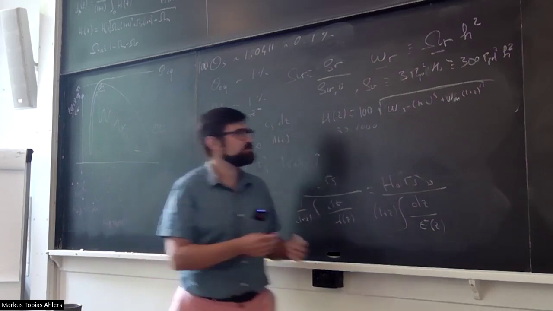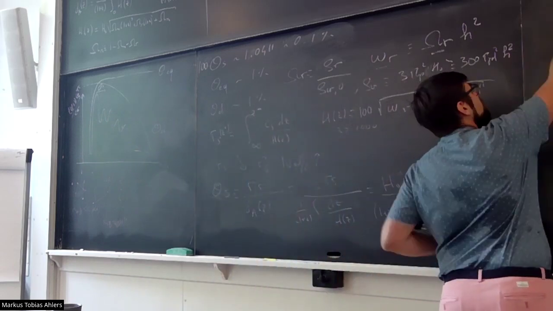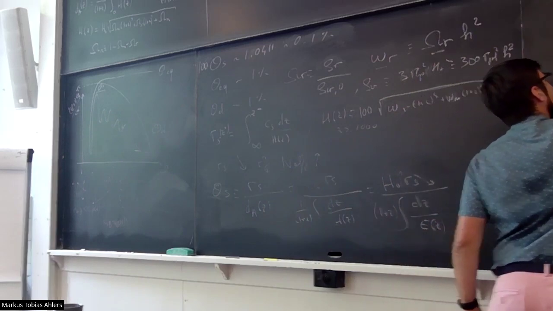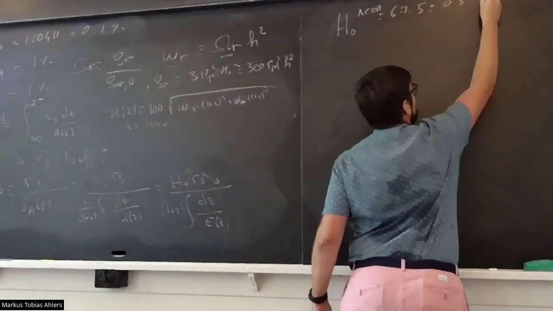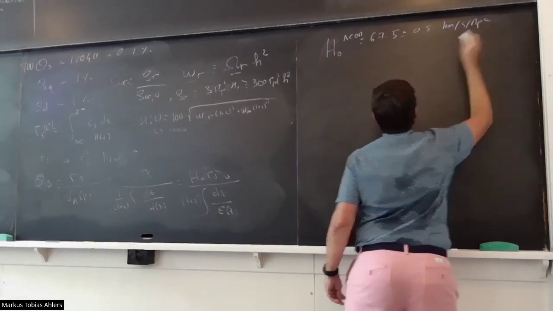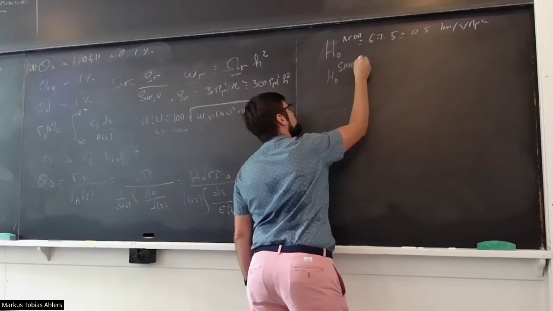The Hubble tension is a difference between H naught in lambda CDM, 67.5 plus or minus 0.5, something like this, exact numbers might be off, but whatever, versus the one that's measured by the SH0ES collaboration.